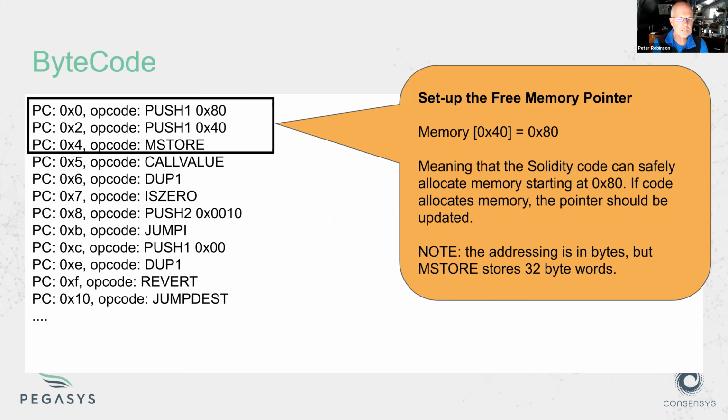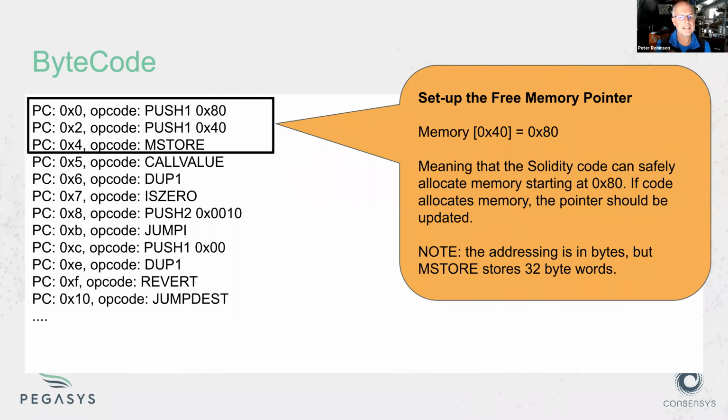What this is doing is setting up what's called the free memory pointer. The idea of the free memory pointer is that the Solidity code that runs after this can load it up, and it'll know that anything after 0x80 is something that it can use.